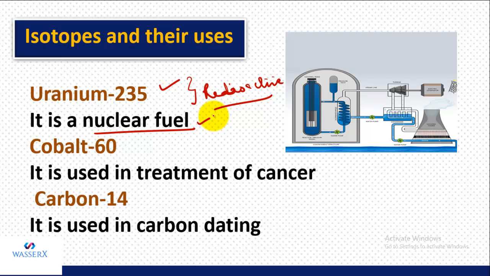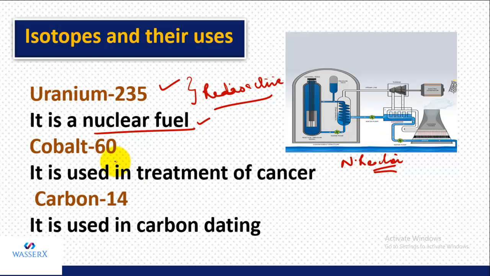But using a nuclear fuel or a radioactive substance can be harmful also if precautions are not taken. So uranium-235 is used in this nuclear reactor shown in the figure to carry out the nuclear reaction in a proper manner, and the energy can be used for constructive purposes.